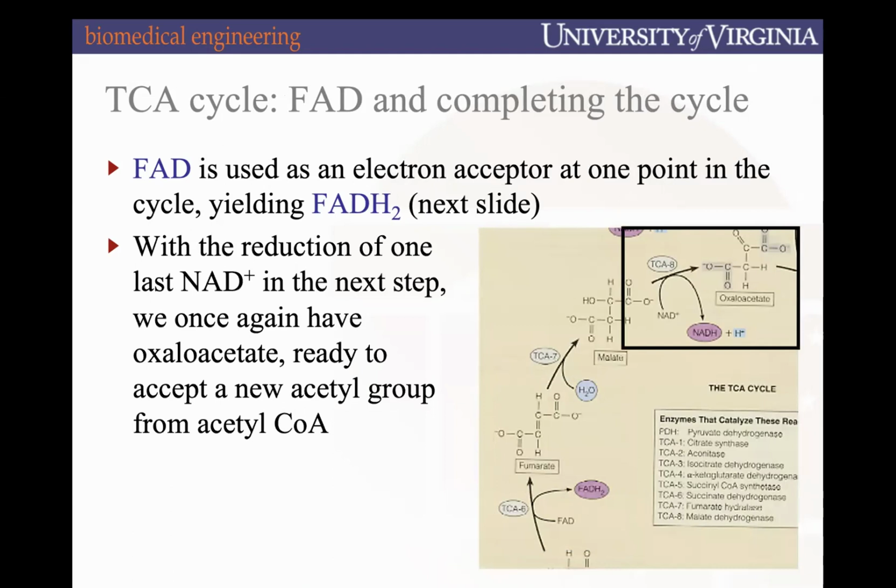And finally, with this final oxidation step, where NADH undergoes reduction to become its reducing equivalent, we get back to oxaloacetate. That gets us ready to accept a new acetyl group from acetyl-CoA and jumpstart this entire cycle again.